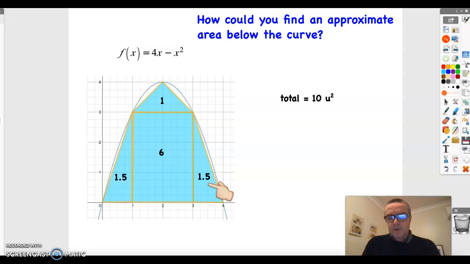Likewise on this side of the shape. We've got another triangle up the top, which has a base of 2 and a height of 1. So it's got an area of 1 unit. So I've subdivided it into 4 sections. Our first estimate for this area is 10 square units.